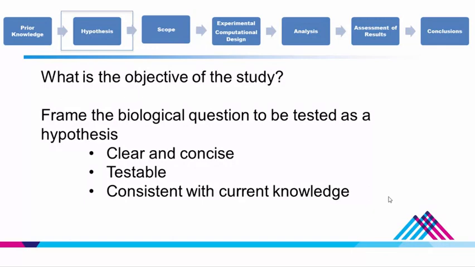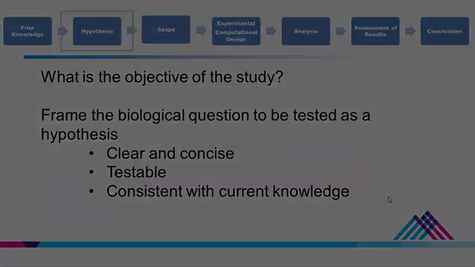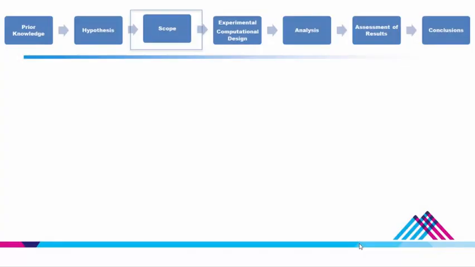For instance, if one is interested in identifying novel therapeutic targets to treat cancer, the objective of the study could be to identify what genes are regulated in a cancer tumor, and perhaps that could help us identify upstream signaling that we can target. Next, we need to determine the scope of the study in order to ensure that the biological question can be accurately answered from the experiments and analysis plan.